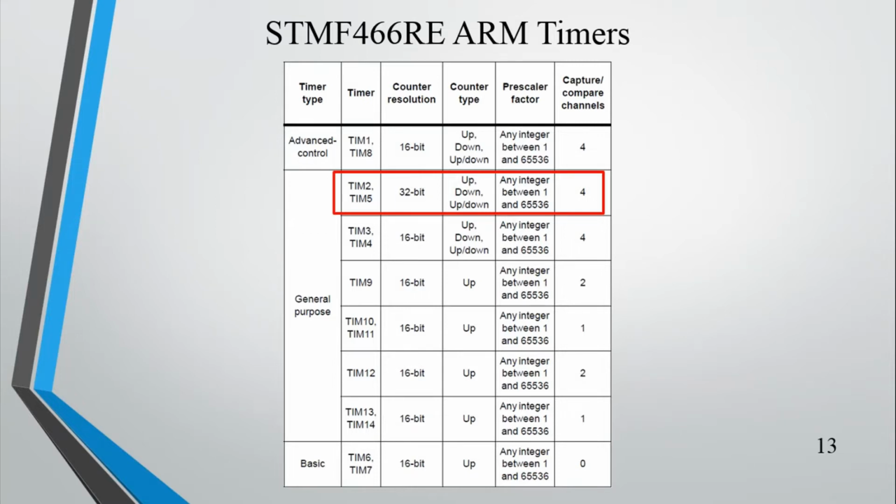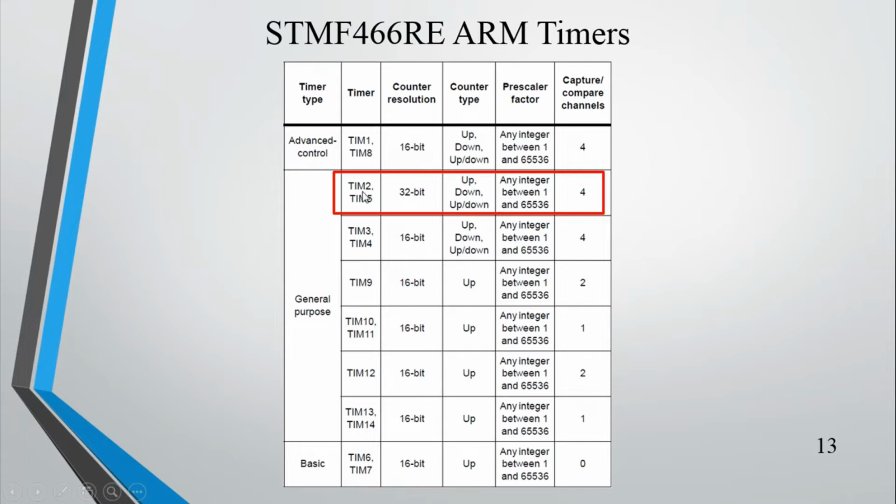But in capture you are taking an external input. When the timer is getting external input, capture operation will take place. In capture that pin should be input, but in compare that particular pin should be output, right? So these are the number of capture or compare channels available corresponding to each of these timers.